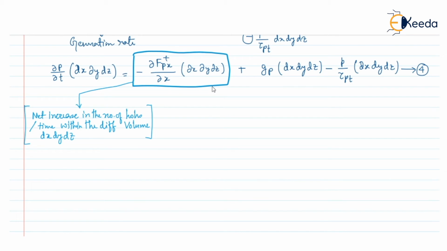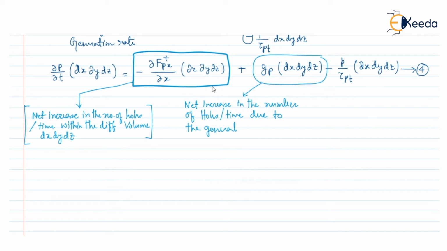Now we come to the second term. This second term will give the net increase in the number of holes per unit time due to the generation of holes within the differential volume.